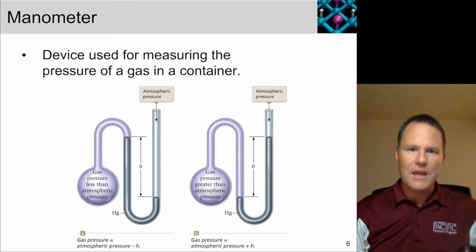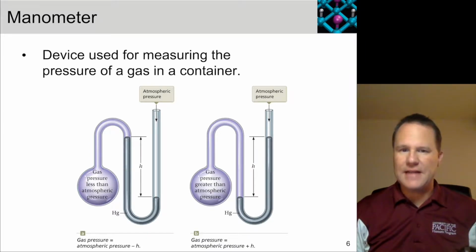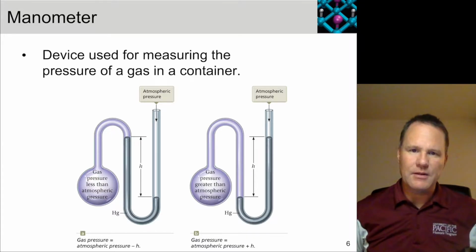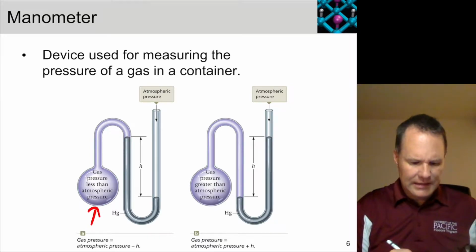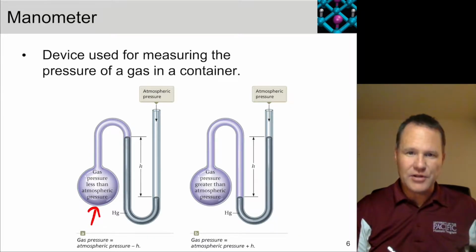Now, how can we measure the pressure? If we have a closed container of a gas, how can we measure its pressure the simplest way? Well, I'm talking historically, because now you would connect it to a barometer or something and just read the pressure. But let's see how historically it was done. So what if you have a gas that has a lower pressure than the atmosphere?